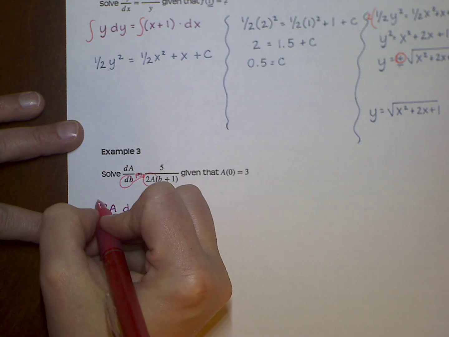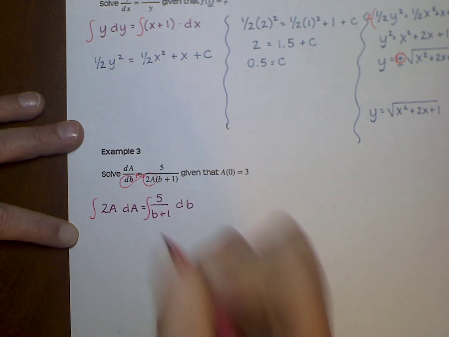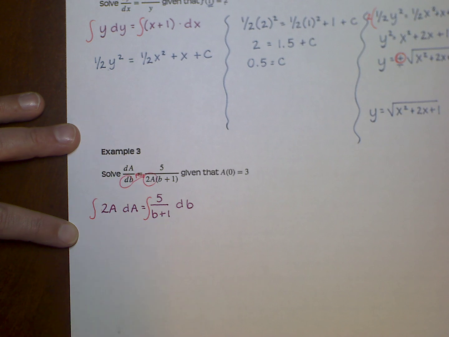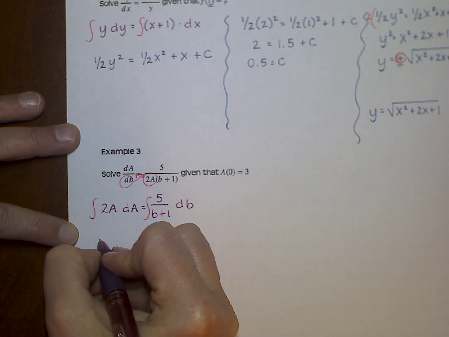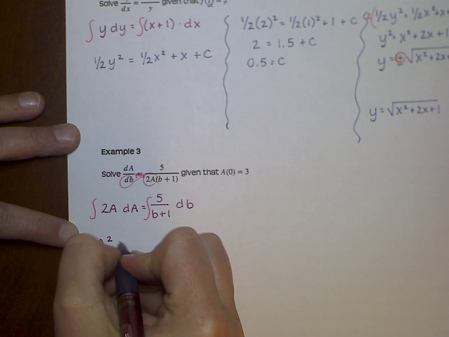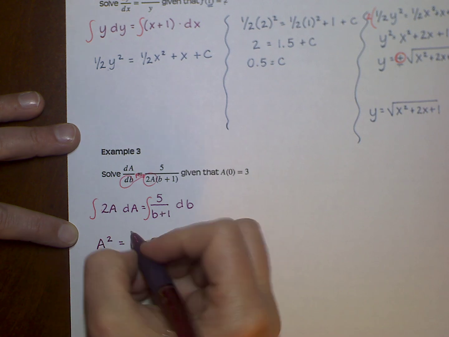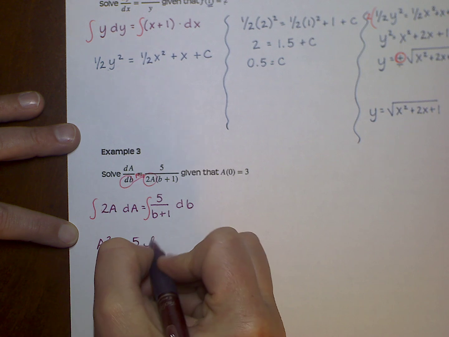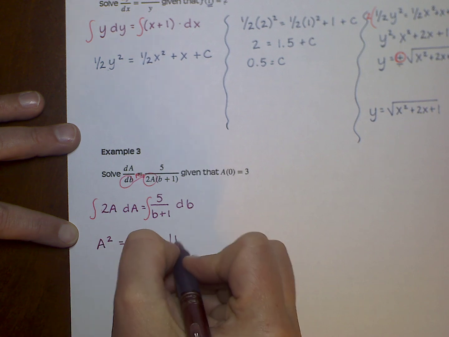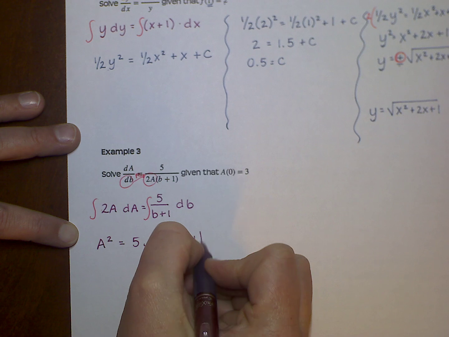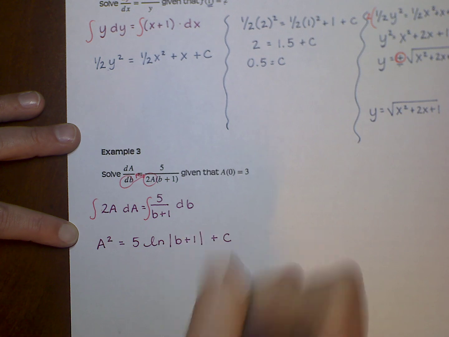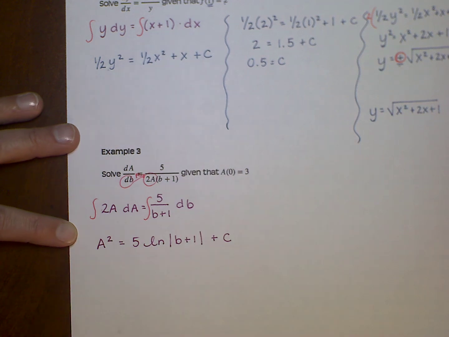And let's integrate. Antiderivative of 2a would be a squared. Antiderivative here should be 5 natural log of b plus 1. And then we get a plus c. I'm given that a of 0 equals 3.